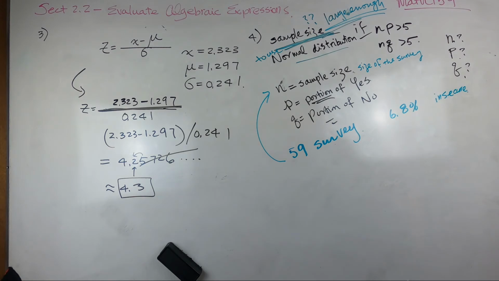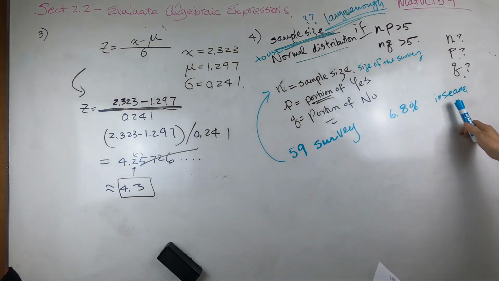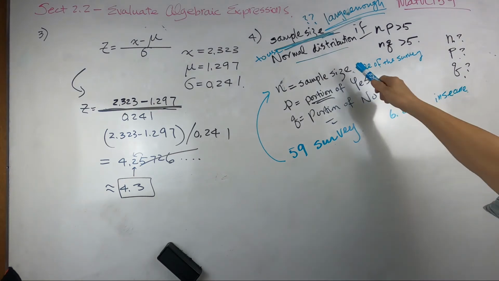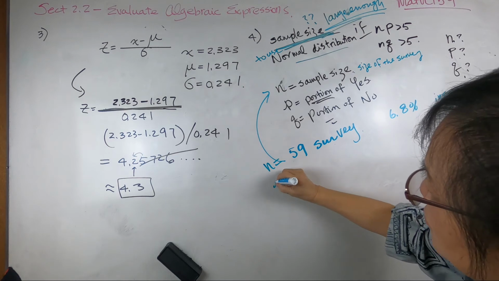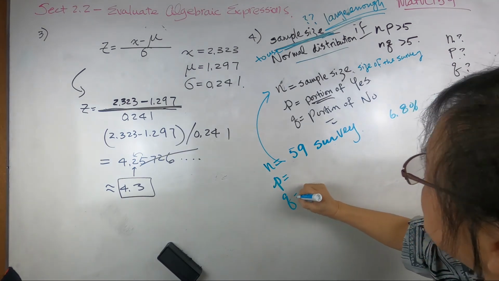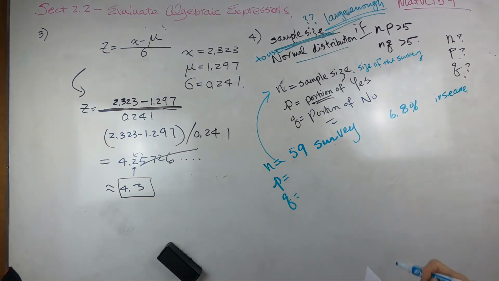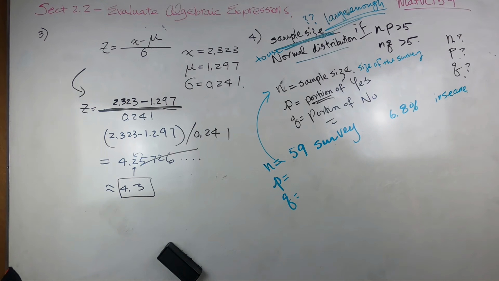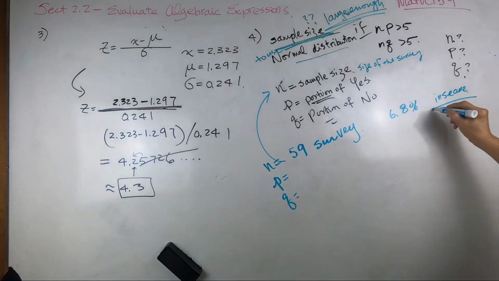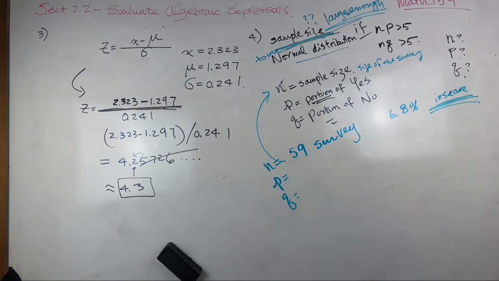Then it says 6.8% say they are insecure. So we have to find it out. That's your n. So what's your p? What is your q? P is the portion of yes. We are surveying for what? We are talking about insecurity.